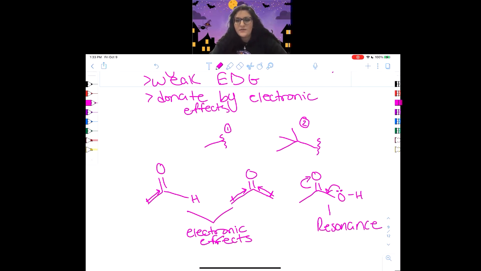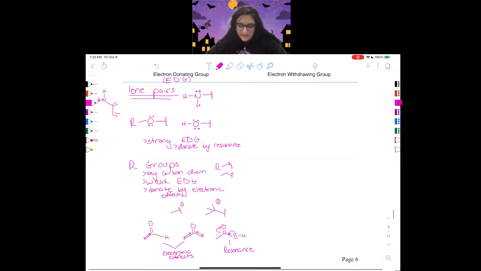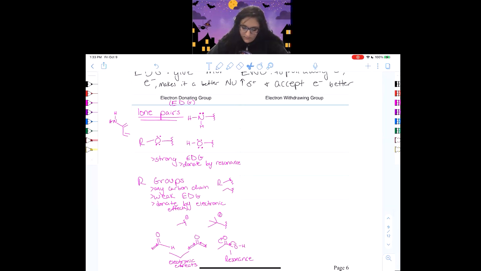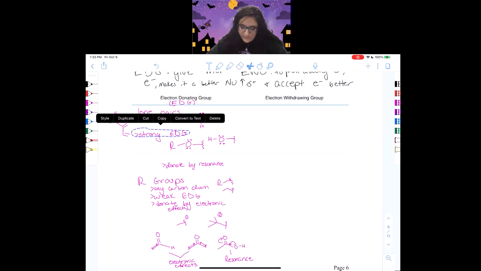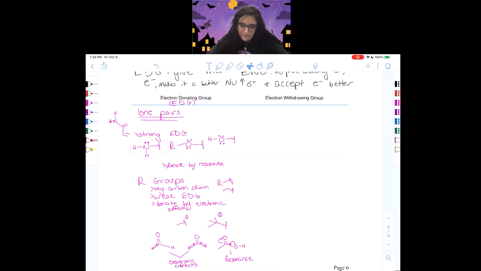And then someone also asked, what's an example of a strong electron donating group? And so I probably was not as clear as I should have been. All of these are strong electron donating groups. There we go.